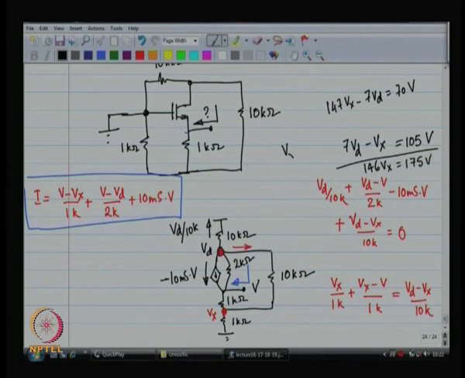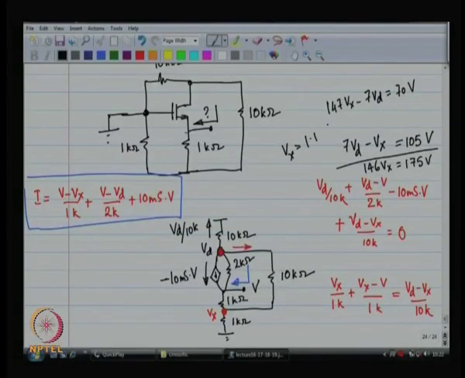So, Vx is going to be about 175 divided by 146. This is something that I am not used to doing orally, but anyway it is something like 7 by 6. So, 1.17. Let me just write 1.2.